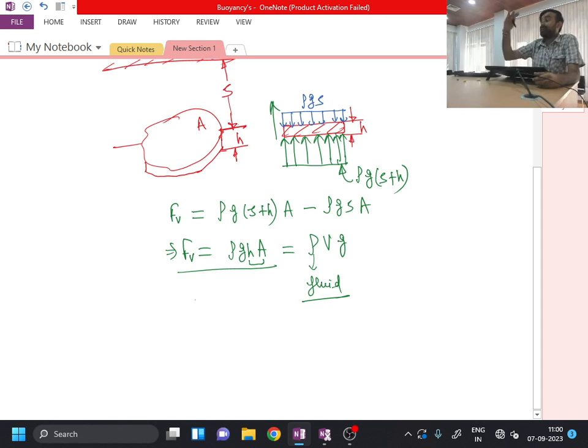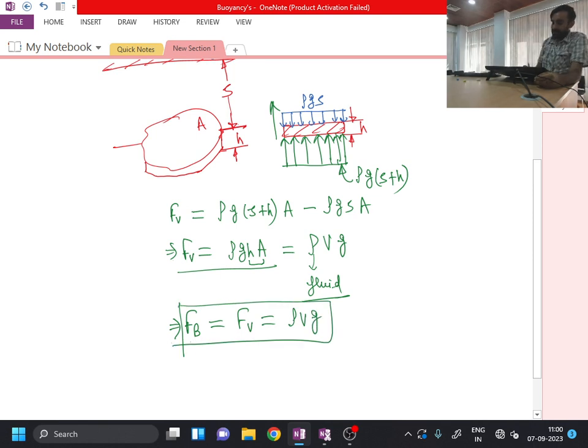This vertical force acting on the body in the vertical upward direction we call the buoyancy force. So Fb is equal to rho V g.